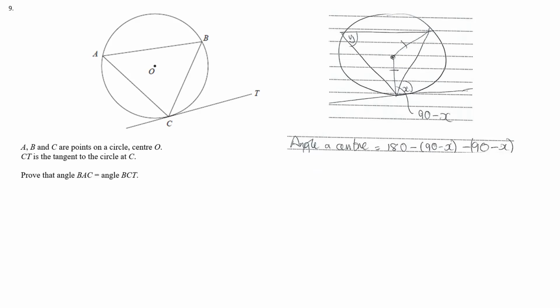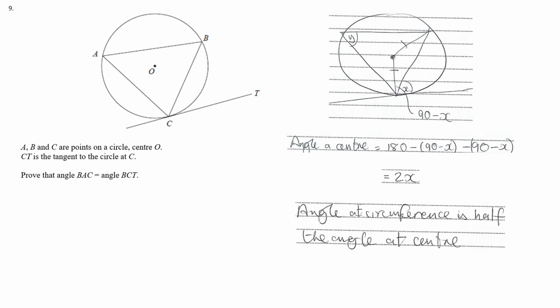Angles in a triangle add up to 180, so I did 180, take away 90 minus x, take away 90 minus x, just note the brackets. If you expand those brackets with the minuses, you get 180, take away 90, take away 90, you get 0, and minus minus x minus minus x, so that is equal to 2x.